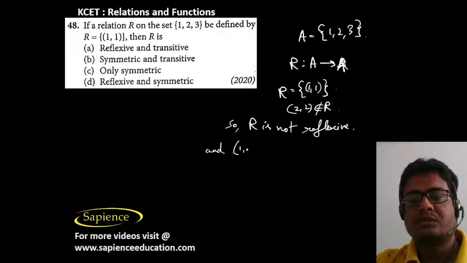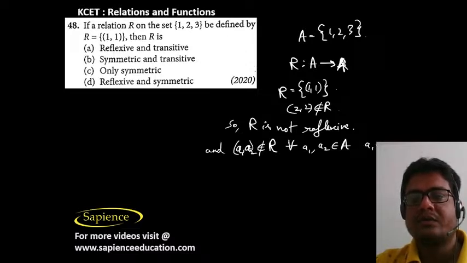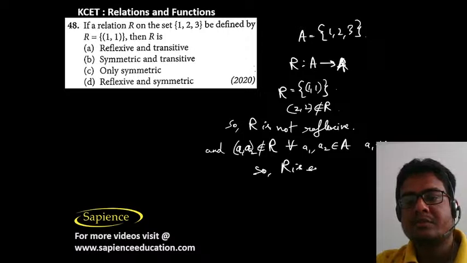Now (1, 1) is there, but (1, 2) does not belong. It means that (a1, a2) does not belong to the relation R for all a1, a2 in A, where a1 is not equal to a2. So if a1 is not equal to a2, the pair does not belong to the relation R. So R is symmetric.